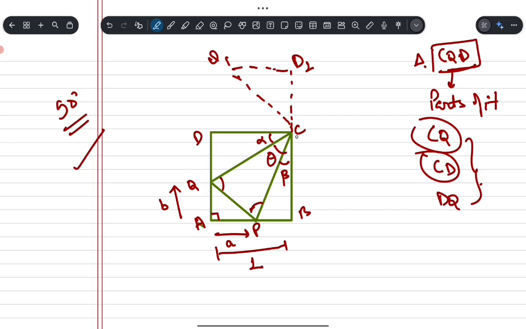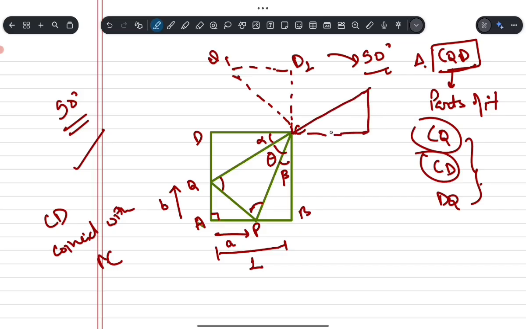Perfect. Now once again, we need to rotate it by 90 degrees. What our intention is, we have to make CD coincide with BC. CD coincide with BC. We have to turn this whole thing and bring it here. So once again by 90 degrees, we'll have something like this.